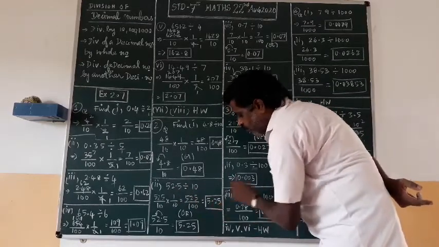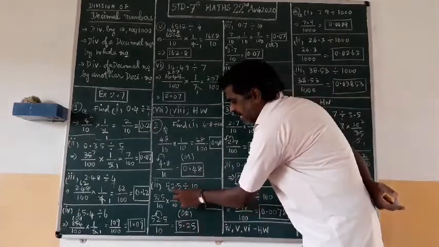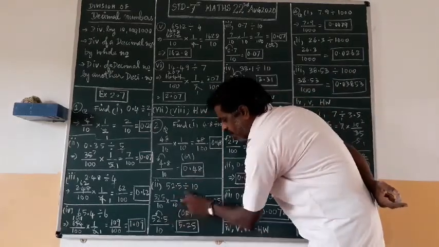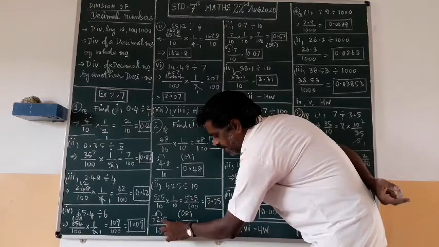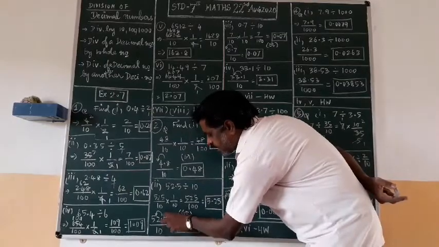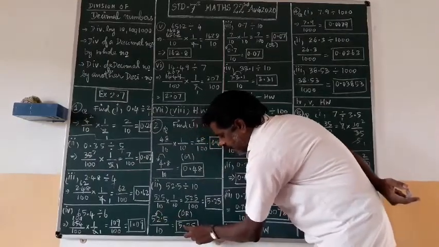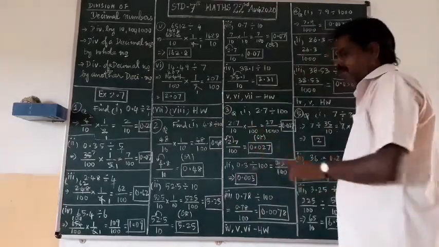So 5.25, that is your answer. In other method you see, I am taking directly 52.5 upon division of 10, I am writing directly. See 1 point already is there, 10 means 1 digit you have to move. So move this decimal to here. So you will get 5.25. Both the answer you see, same only. Any method you can do.